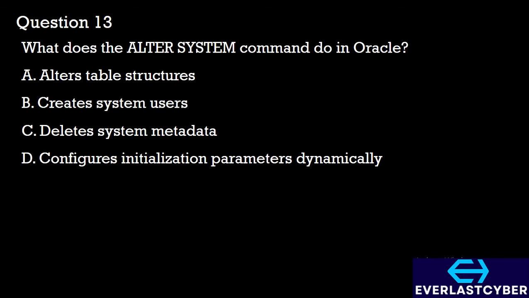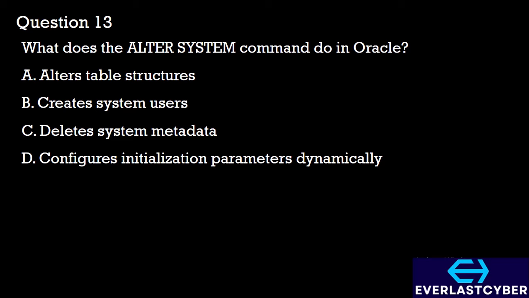Question 13. What does the alter system command do in Oracle? A. Alters table structures. B. Creates system users. C. Deletes system metadata. D. Configures initialization parameters dynamically.